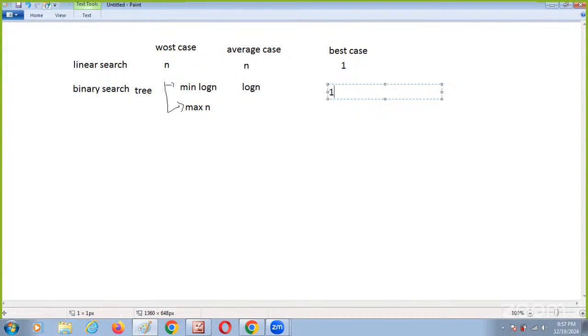So this is how we have the best cases, worst cases, and average cases of linear as well as binary search. For the exam point of view, this is very, very important.